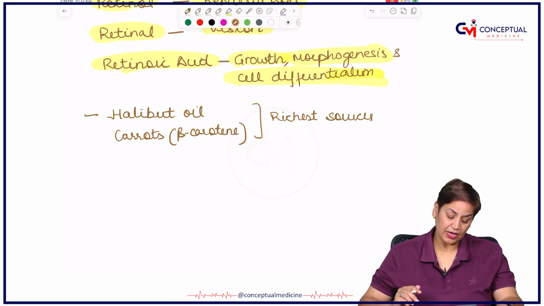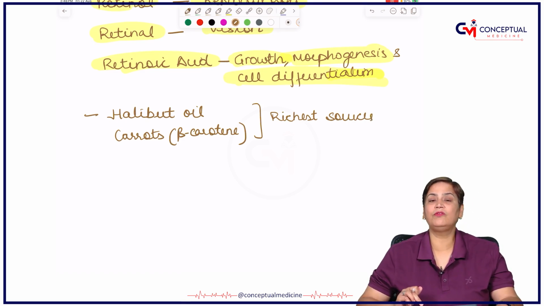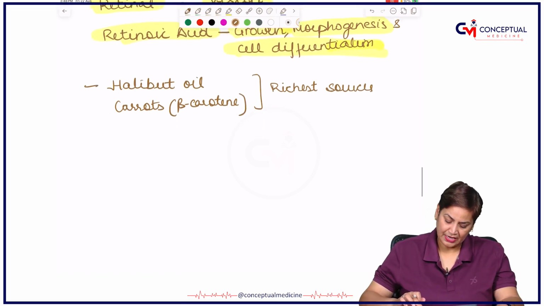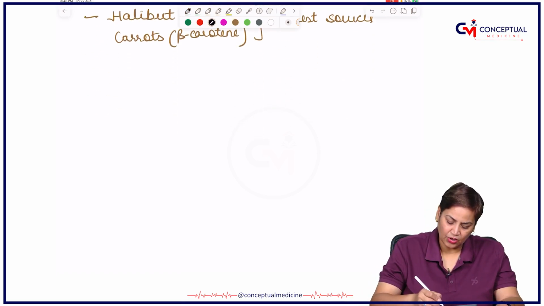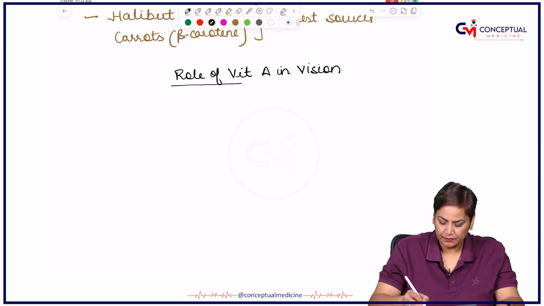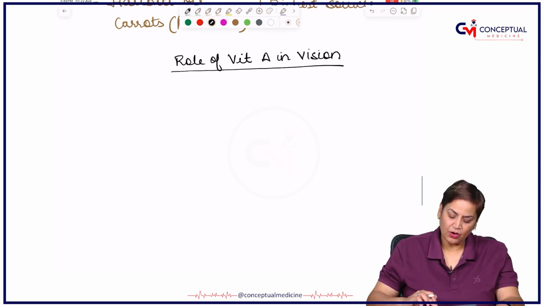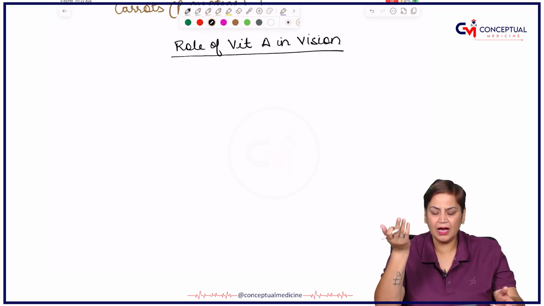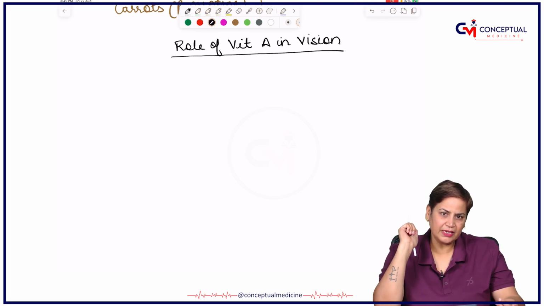Now we are going to discuss the function of vitamin A in vision in detail. So let's see the role of vitamin A in vision. Now, we all know that the eyes are the ones to see.